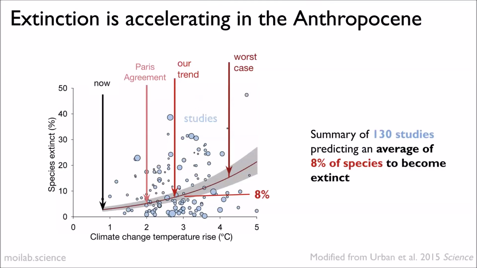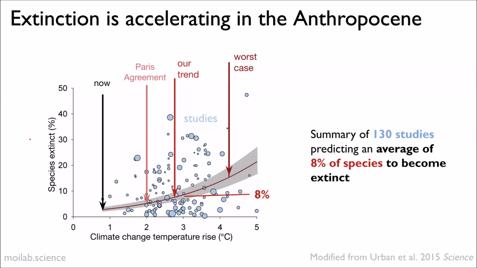These are the two main causes of what we know is now an acceleration of extinction risk: climate change and land use change. A few years ago, Mark Urban did a meta-analysis of studies that tried to predict what might be the consequences of these human impacts in the probability of extinction of species.